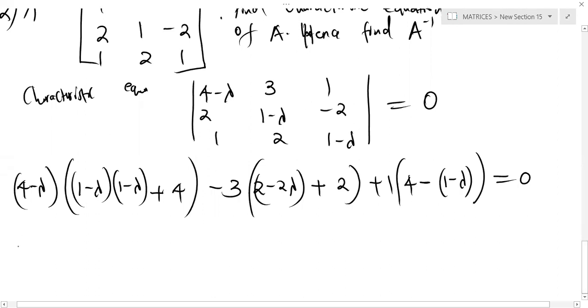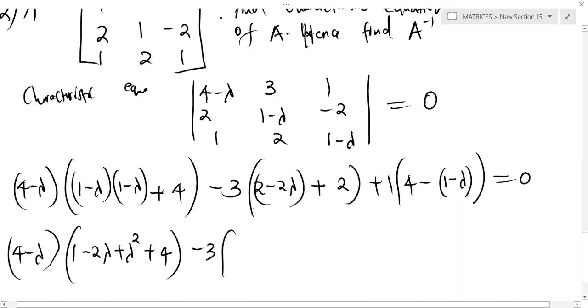So here we have 4 minus lambda, and then inside the bracket 1 minus lambda, that will give 1 minus 2 lambda plus lambda squared plus 4. Minus 3, then we have 2 minus 2 lambda, that will give 4.